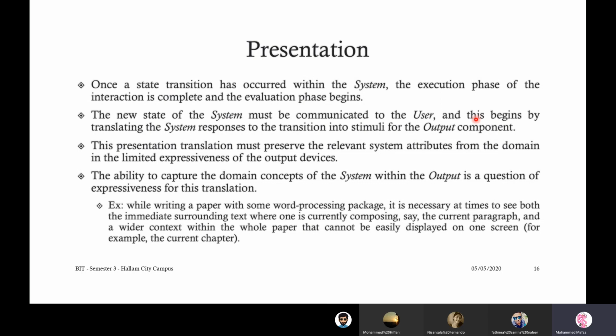So let's say the total answer is there, but when you're going to present it to the output component, if the output component does not have the ability to present all that information, then you can see there is an issue on that side, right? Even though the system is correct, the output component may not support it.